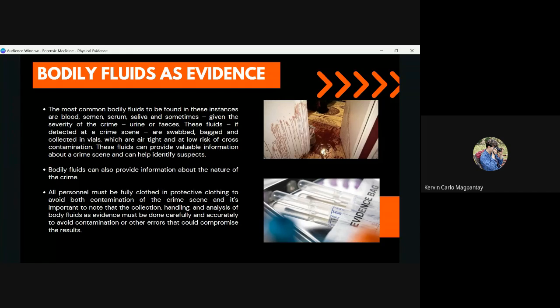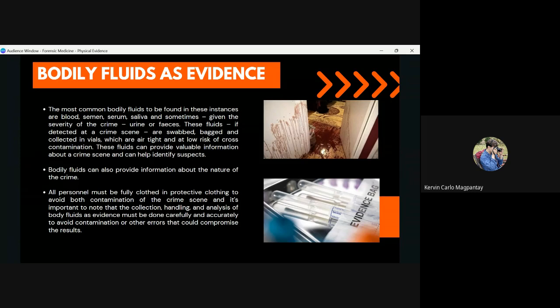Now, for the second part, bodily fluids can also provide information about the nature of the crime. What this means is that it can show possibility to police investigators or forensic investigators how and what could have possibly happened in a crime scene. For example, yung puddle of blood dito sa picture natin.